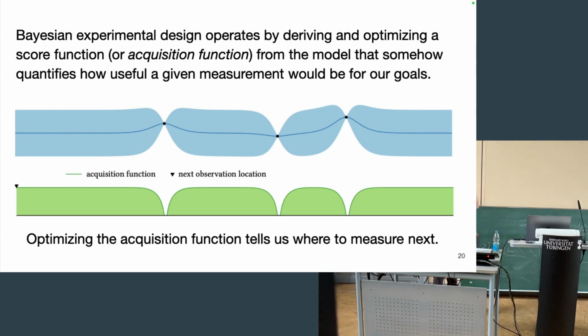The model's producing this quantified uncertainty in those predictions. And if my goal is to try to decrease my uncertainty over time, then how about I just conduct the experiment at the point in the design space where I'm the most uncertain. So we can accomplish that by defining an acquisition function, which is this green surface underneath the model here, which is simply the width of those credible intervals of the model. And now I'm going to design experiments by maximizing that acquisition function.